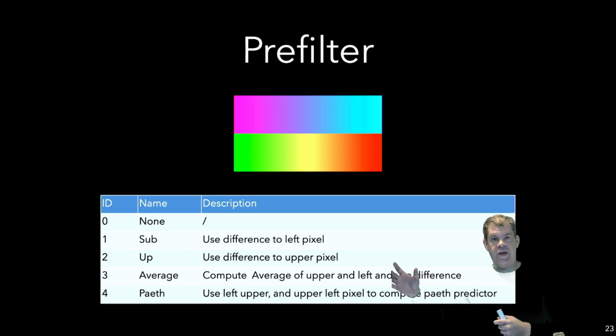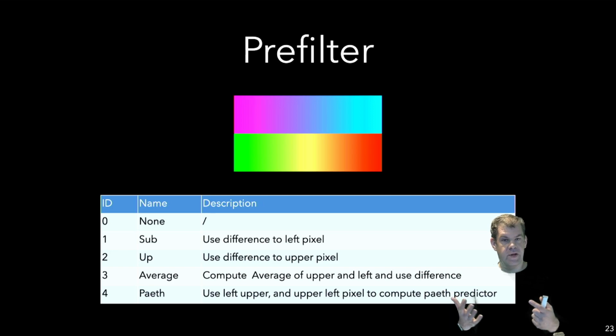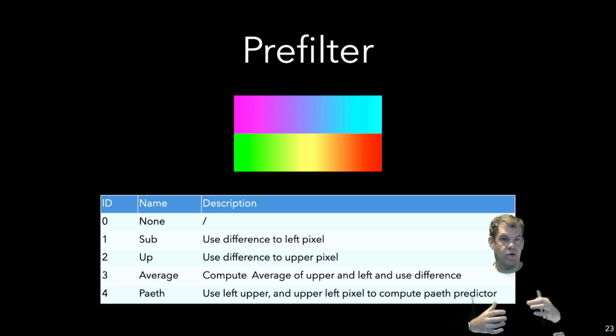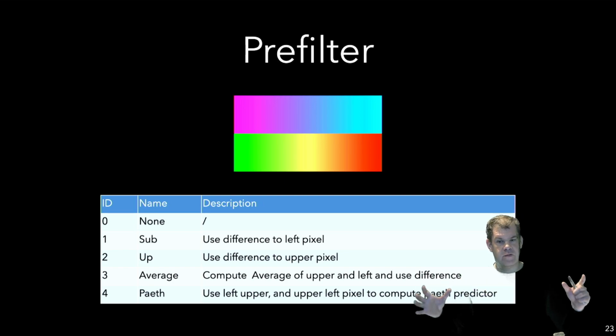The idea is, if I have a linear gradient, then the derivative is a constant, right? So the difference to the previous pixel is most likely to be smaller than the pixel values themselves. Remember, we're trying to crunch things together to make them smaller, and in the PNG case, without a loss of data. When we look at JPEG in a few minutes, we'll see that we are also willing, in some cases, to accept the loss of data just to make things smaller.